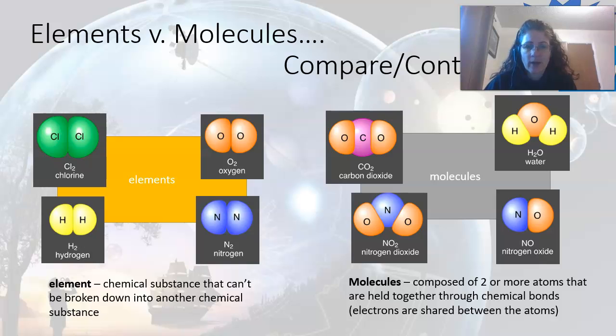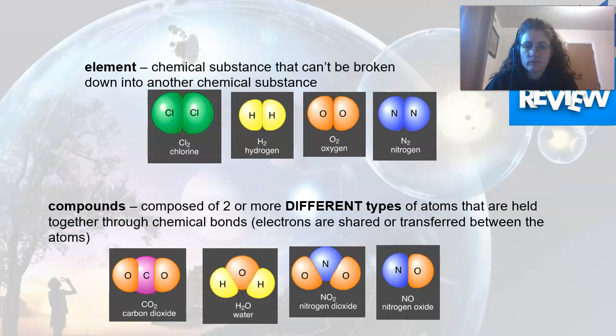So we've talked about elements and compounds before in our chapter 1. You can refer back to this, and there's a screen here from our chapter 1, the difference between what an element and a molecule is. Then you also have this idea of compounds.